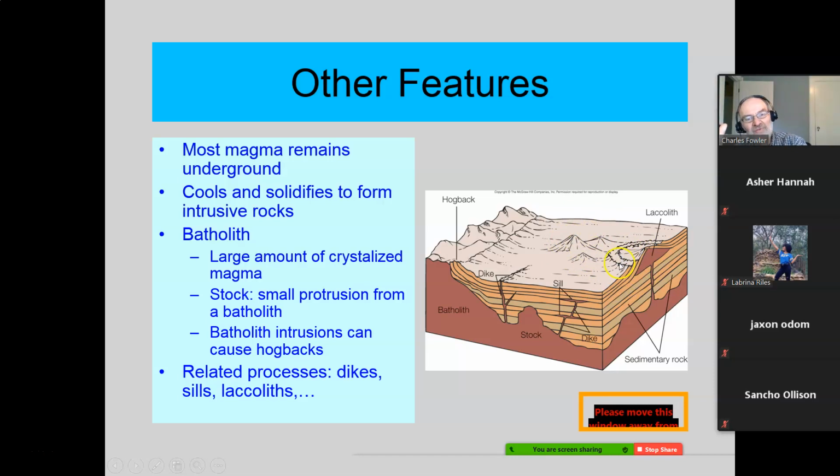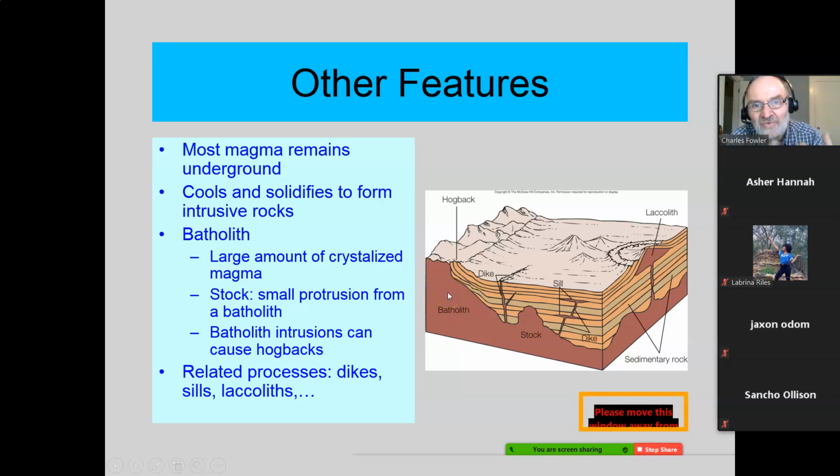Sometimes you get erosion, and this would form some of those arching folds that we were talking about earlier, created by the laccoliths. Okay, they didn't quite make their way to the surface, just like the batholith didn't, but they were from a very small source, whereas the batholith was from a very big source.